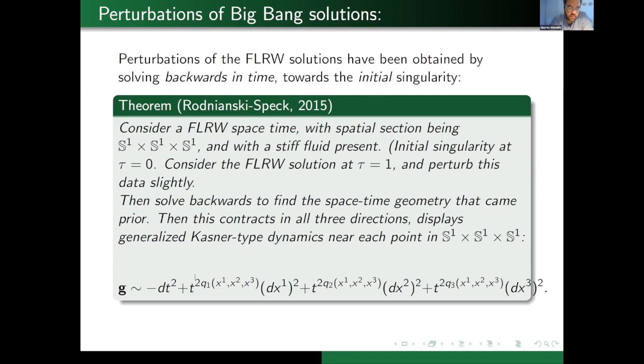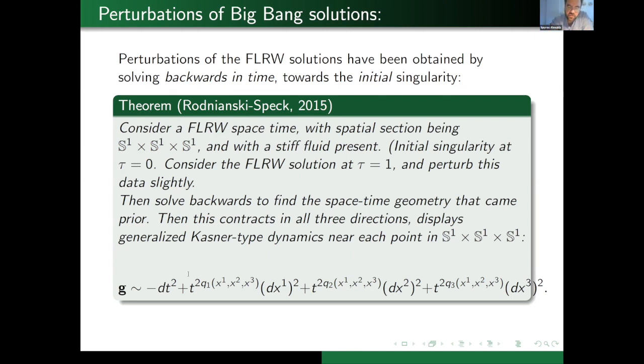You impose the same gauge you had before, and you solve backwards in time, and you see these asymptotics, where the rates of the behavior of these three things are dependent on the point where you go. Okay, so the powers Q1, Q2, Q3 satisfy the Kasner relation, but they depend on the point you're going to on S1 cross S1 cross S1.